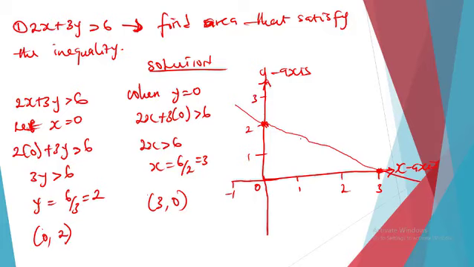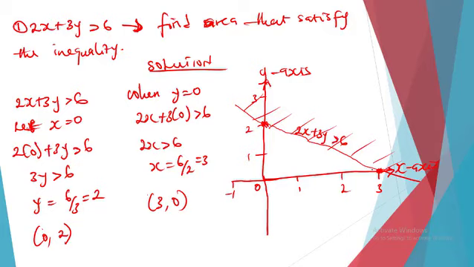Now the equation that gave us this is 2x plus 3y being greater than 6. The point that satisfies this equation is the shaded area. Why? Because we are told that this equation is greater than 6.